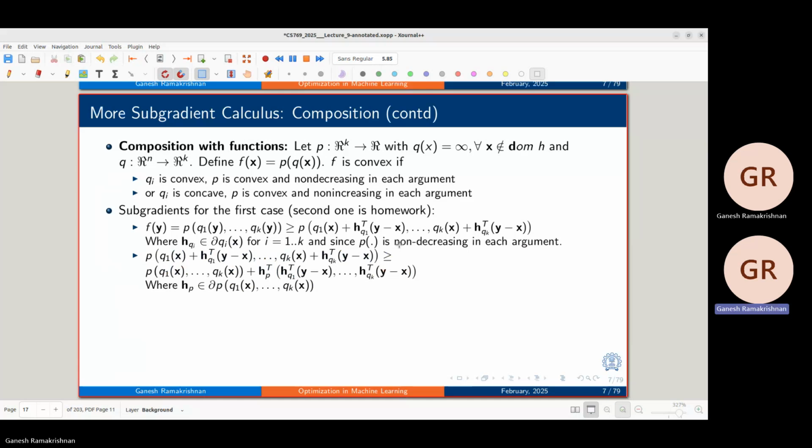So what is my final expression? Let's just write down the final expression. I think that's all we want. One is the composition of P of Q1 to K of X for the case of convex, non-decreasing, and convex.